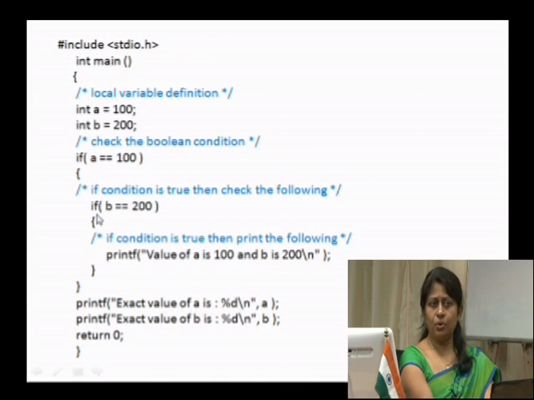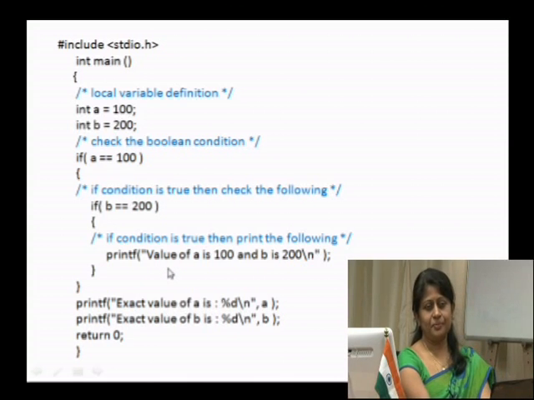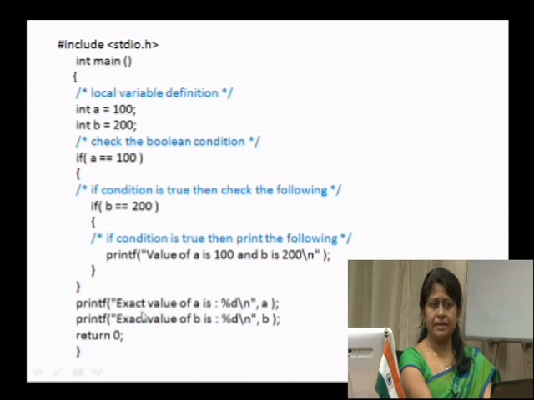In the if code you have another if condition, where if b is equal to 200, that also happens to be true in our case. So the statement within this if code is going to be executed: value of a is 100 and b is 200. There ends your if block, and the next statements following the if block are the printf statements again, the exact value of a and exact value of b.